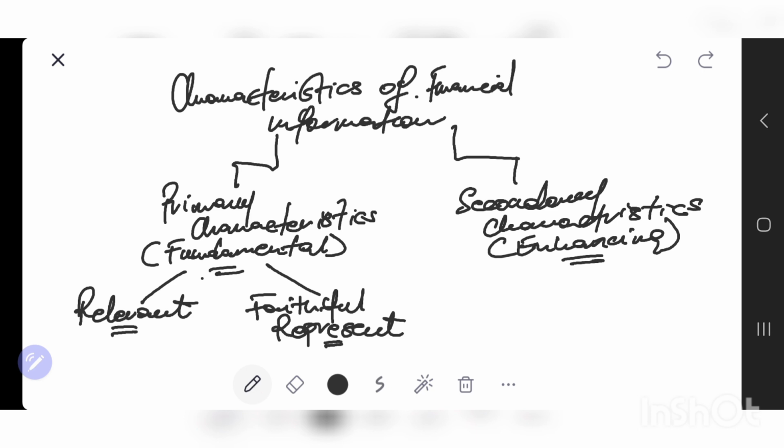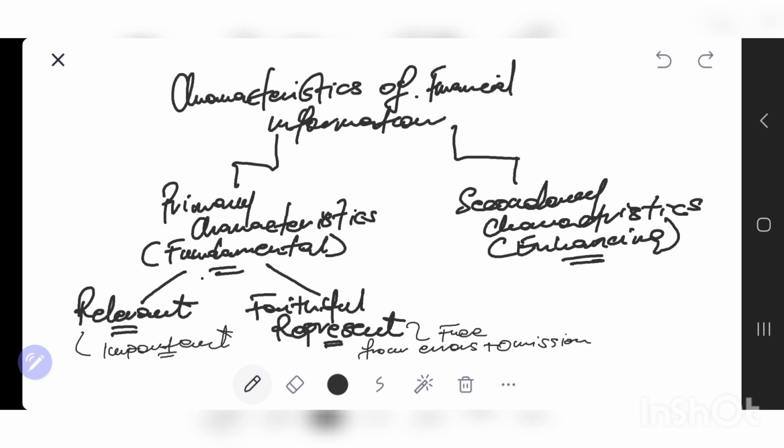So I also explained that information is relevant if it describes all the important information about the business. And we say that information faithfully represents the operations of the business if it is free from errors and omissions.